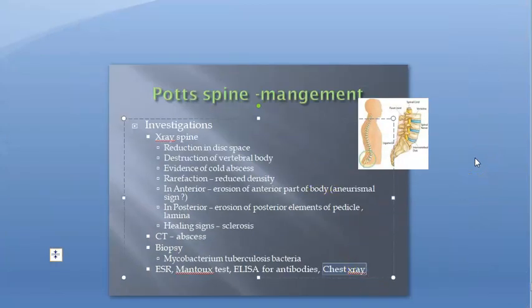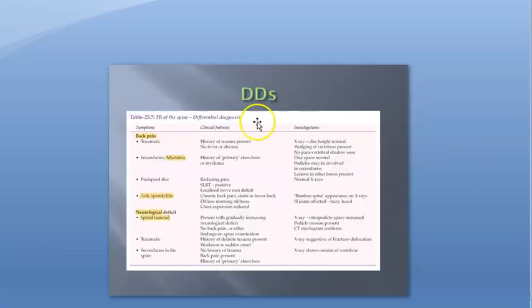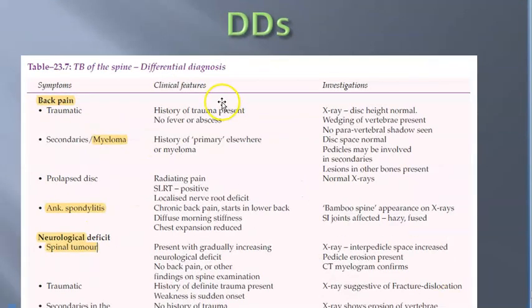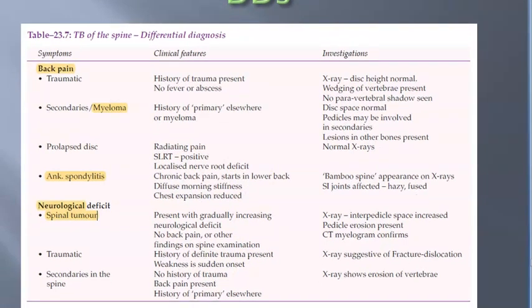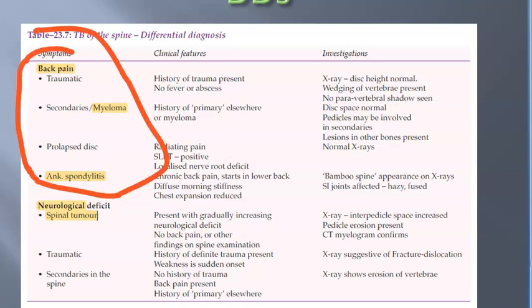Now that you did the investigations, you should also rule out the other conditions that may cause this kind of spine condition. So what are the differentials for Pott's spine? They are based on the pain, and based on the neurological deficits.